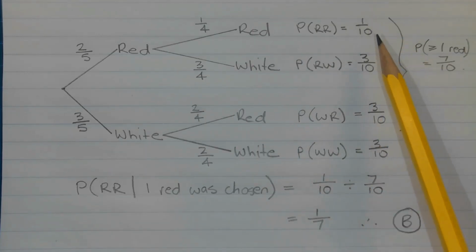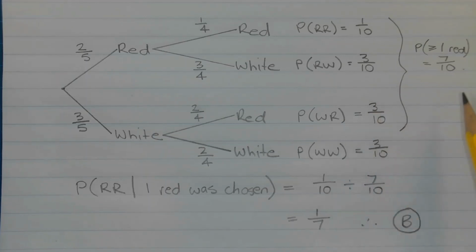So that's 1 over 10 plus 3 over 10 plus 3 over 10, which is 7 over 10. So the probability of red red given that one red marble was chosen is 1 over 10 divided by 7 over 10, which gives us 1 over 7. Therefore, the correct answer is option B.